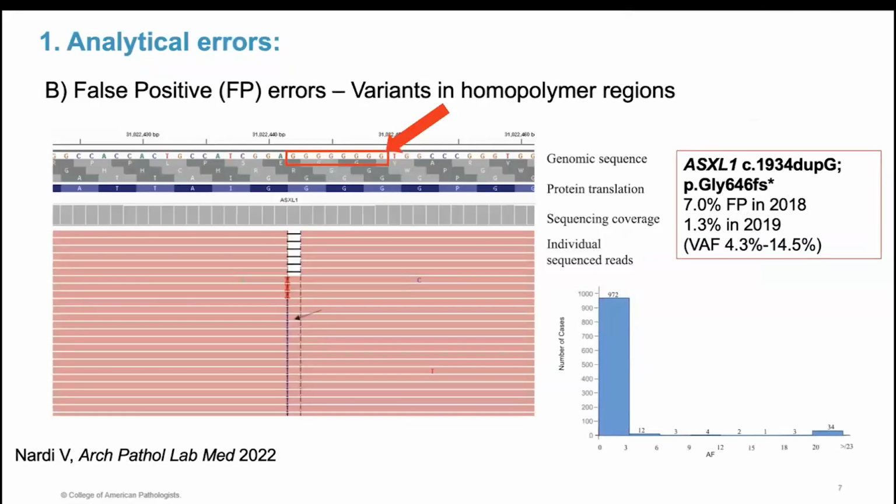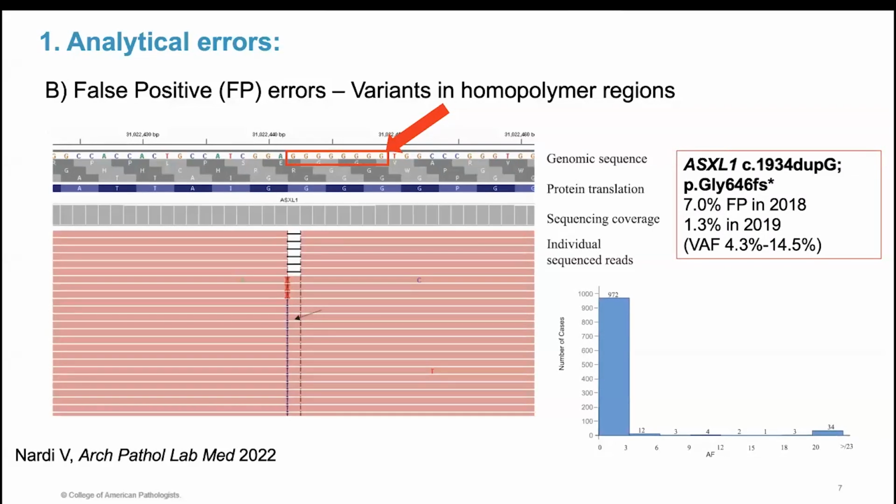If we look at false positive errors, those tend to occur for variants in homopolymer regions. Those are regions where there is a repeat of the same nucleotide. A really good example is ASXL1, which has a homopolymer region, and the most common pathogenic variant in ASXL1 is this 1934 DUP-G that occurs in a homopolymer region.